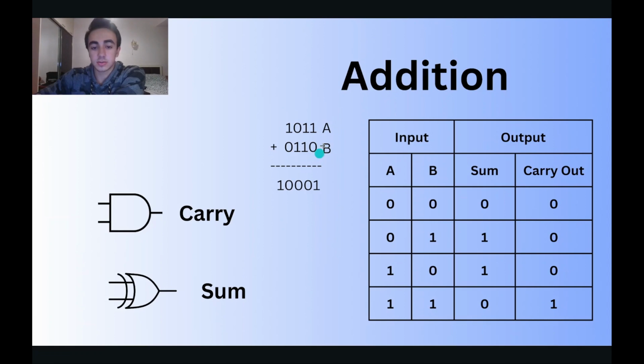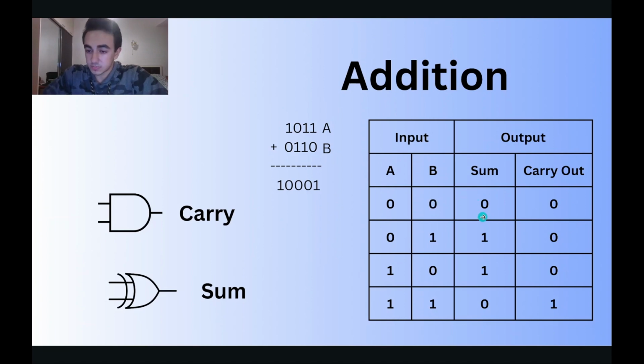We take into account only one column of numbers. So we see only this one and this zero. The rest of the numbers are not significant for us. So we denote them with A and B. So when the inputs are 0 and 0, what would you think the sum would be?